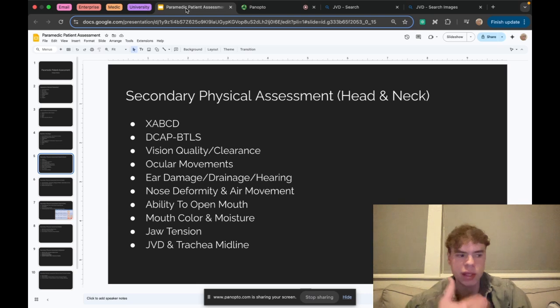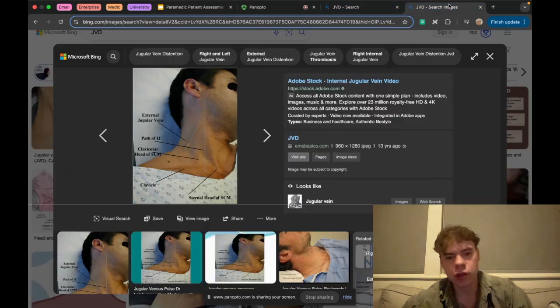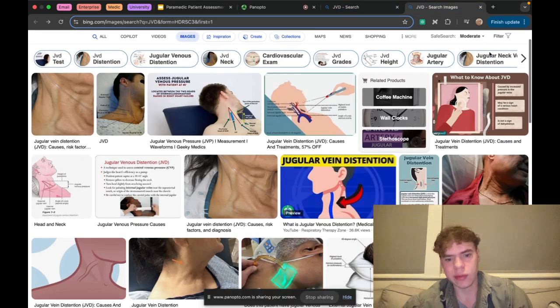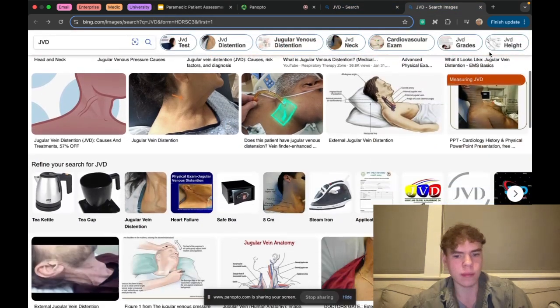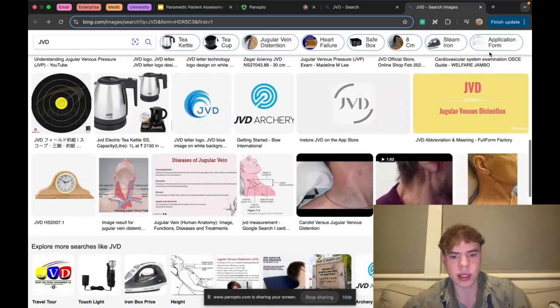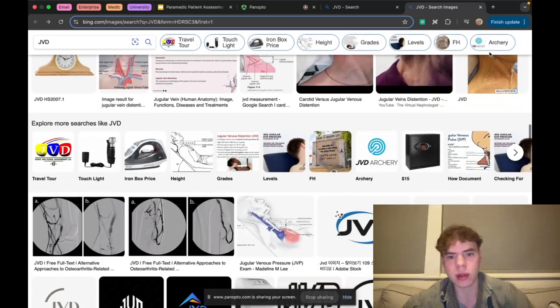So your heart, keep in mind, is pumping blood to the rest of your body, right? But if there's a lot of fluid buildup, a sign of that is you're going to see a lot of fluid build up in the neck. So you're going to see veins in the neck just start bulging. And that's called JVD. So if a patient does have JVD, that might be a sign that you might need to give them CPAP.